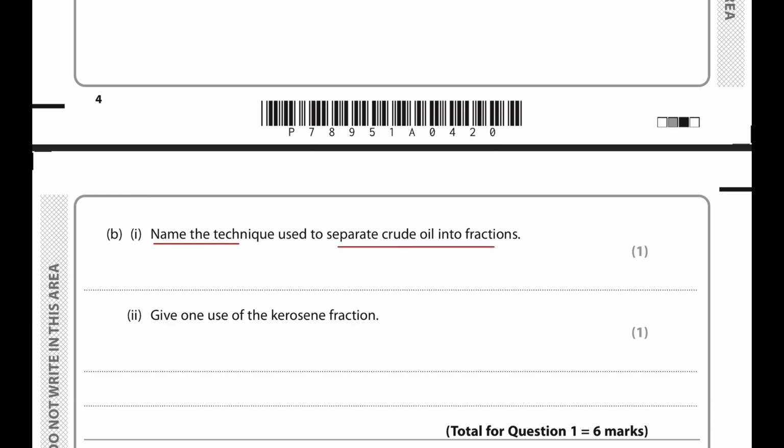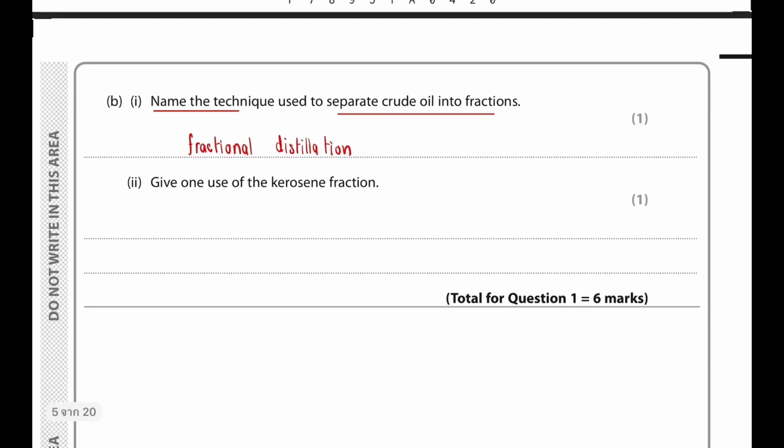So it will be fractional distillation. And give one use of kerosene fraction, so used for aircraft fuel.